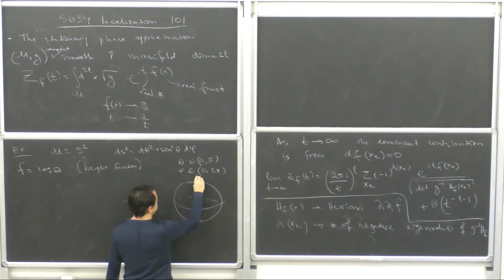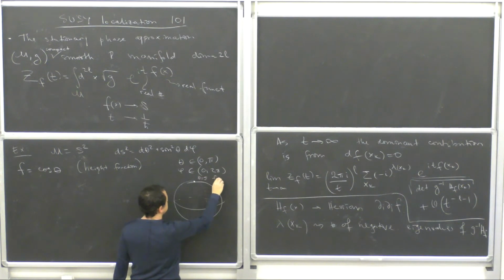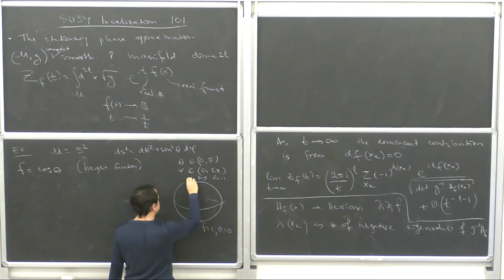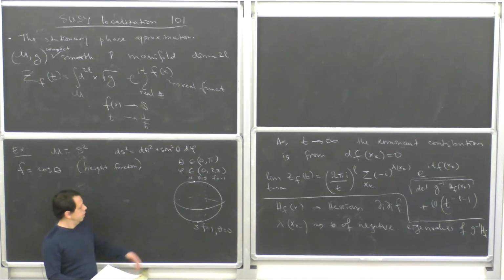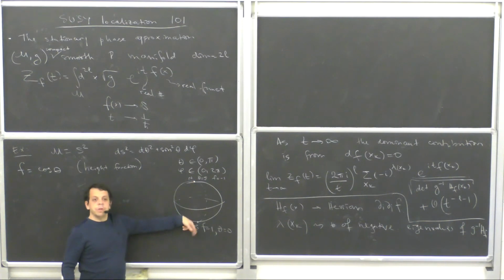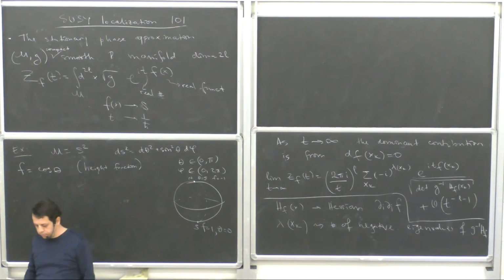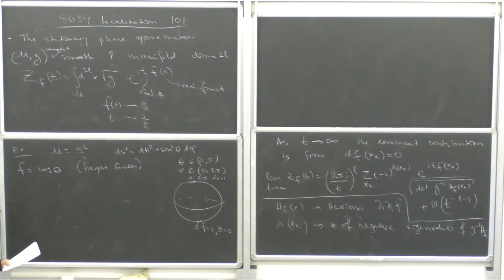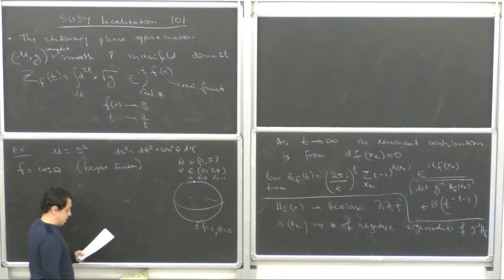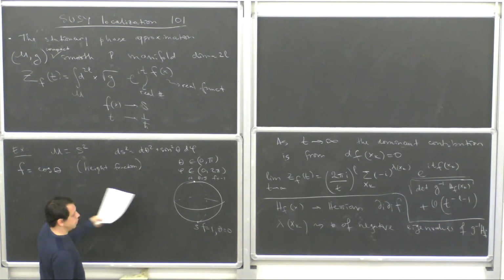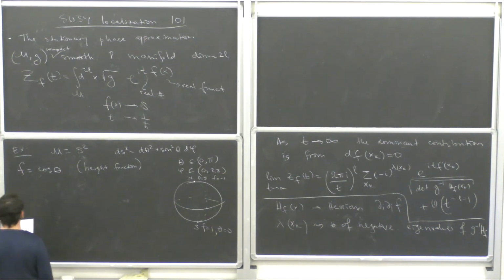So this is theta equals pi, f equals -1, and f equals 1 here, theta equals 0. That's the South Pole, and that's the North Pole. So it measures the height. It's a monotonic function. Okay. So that's my choice, and I have to do my integral.